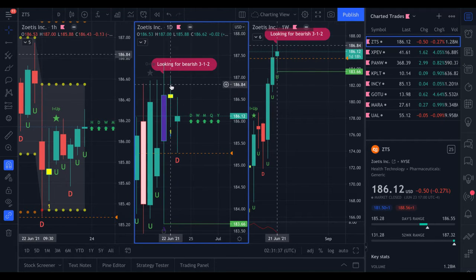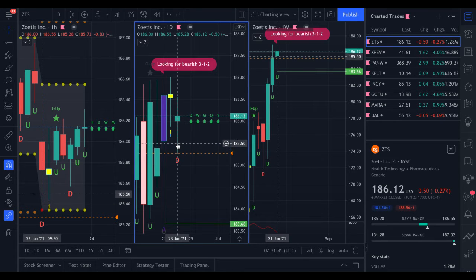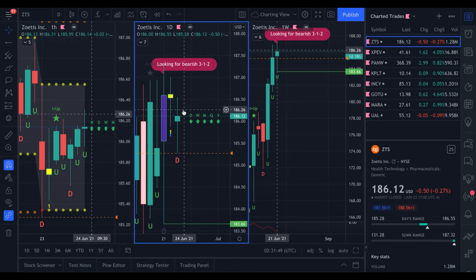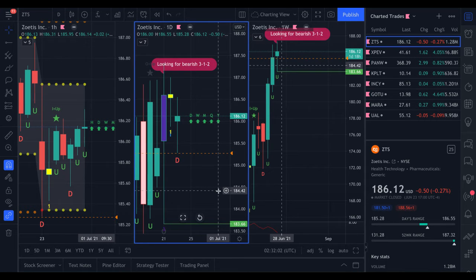And so considering this inside candle and this 2 down a compound inside candle, because this 2 down was not strong at all, and it was a green candle, meaning it closed higher than it opened. So in this case, I'm considering these 2 candles together and looking for the actual 3-1-2 bearish reversal here.